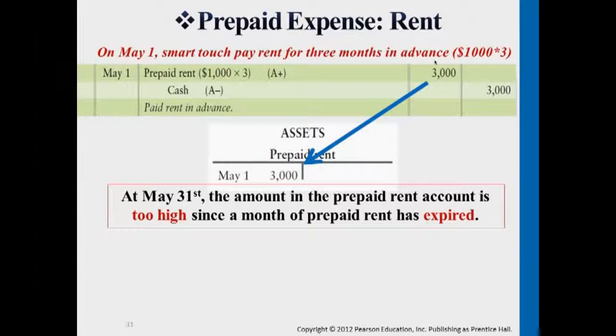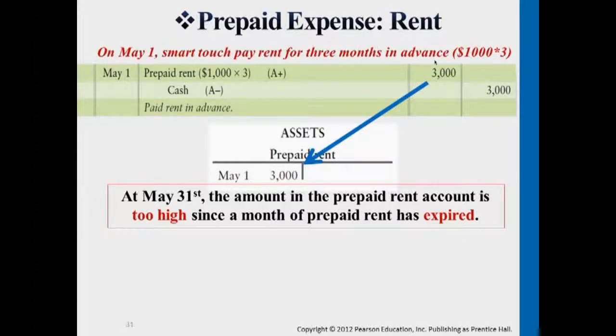For 3 months, right? You see the bracket there, 1,000 times 3, and at the end it says paid rent in advance. So let's assume this $3,000 is worth using a certain location for 3 months, meaning each and every month the rent expense is $1,000. So this is May 1st, when we actually make the payment in advance, prepaid rent.